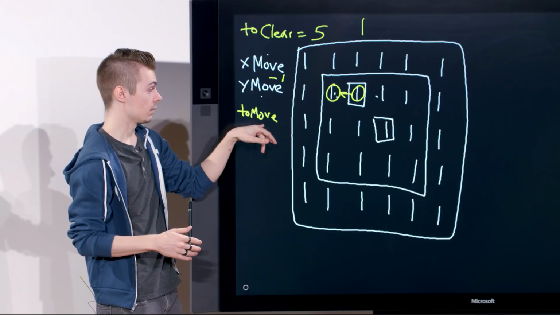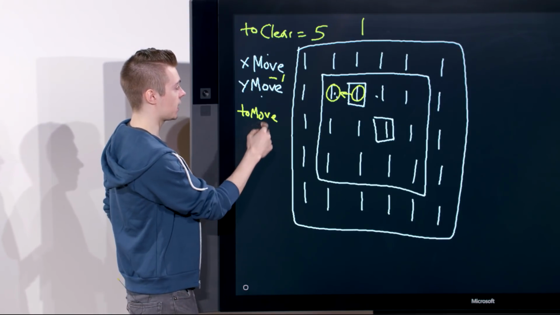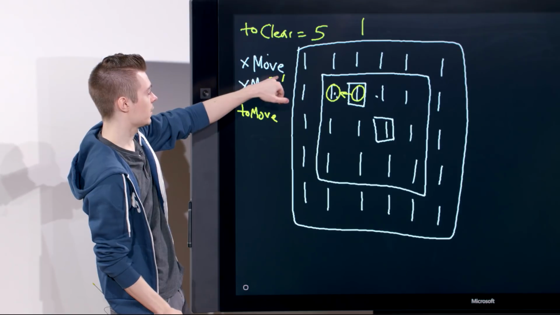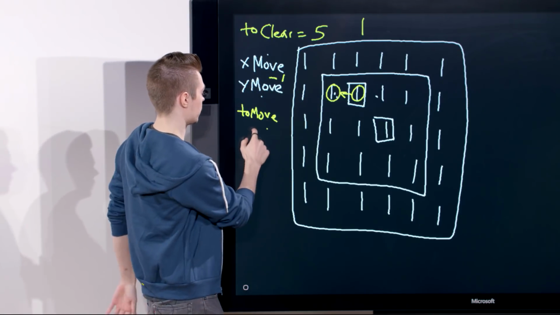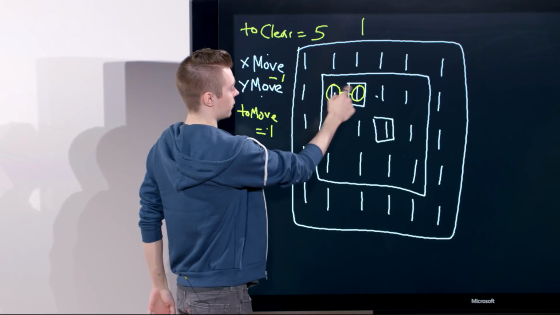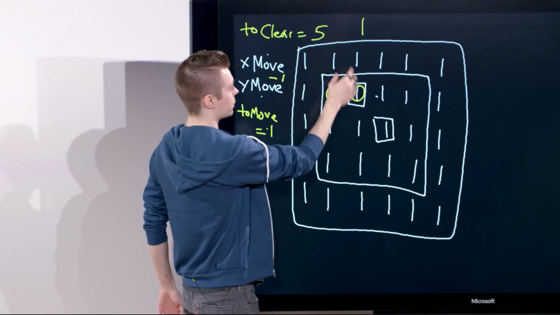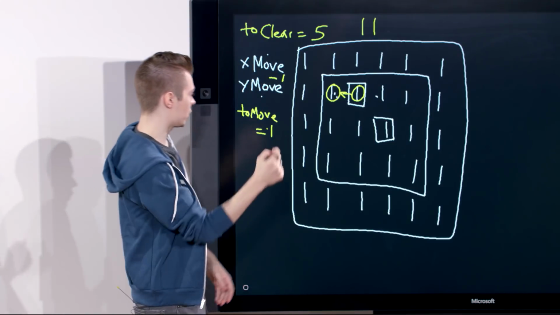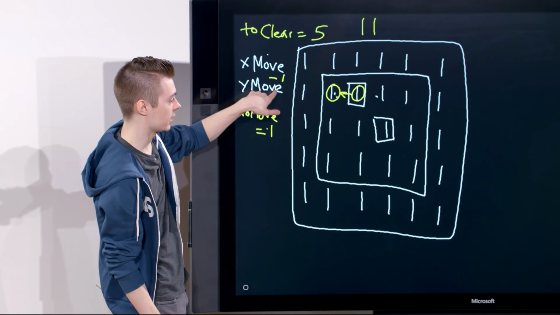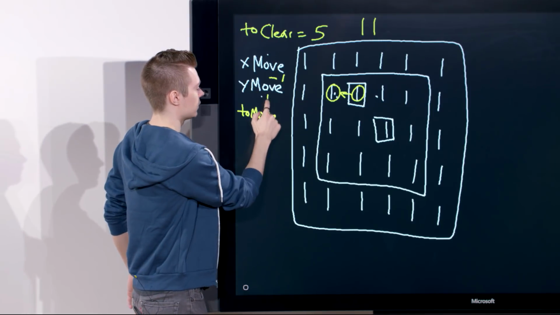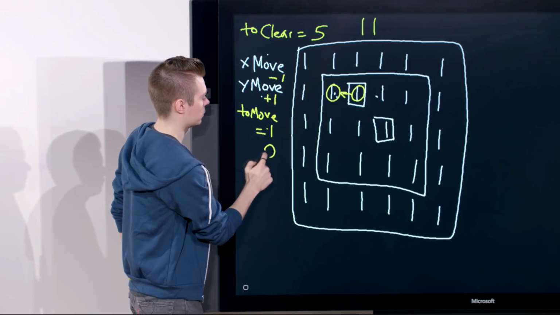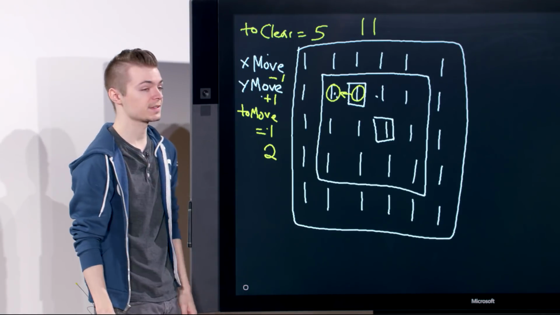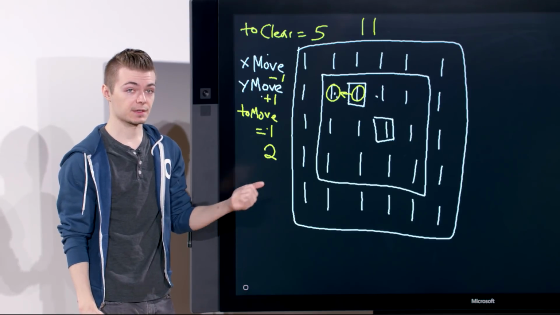So let's say we did X move minus 1, and we only got times to move equal to 1, right? So we only move here. We move once in this direction, so we've got 2 spaces. And then let's say we flip a coin again, and we got Y move, positive 1. And then times to move, we got 2, right? So we're going to move 2 tiles on the Y axis by 1.